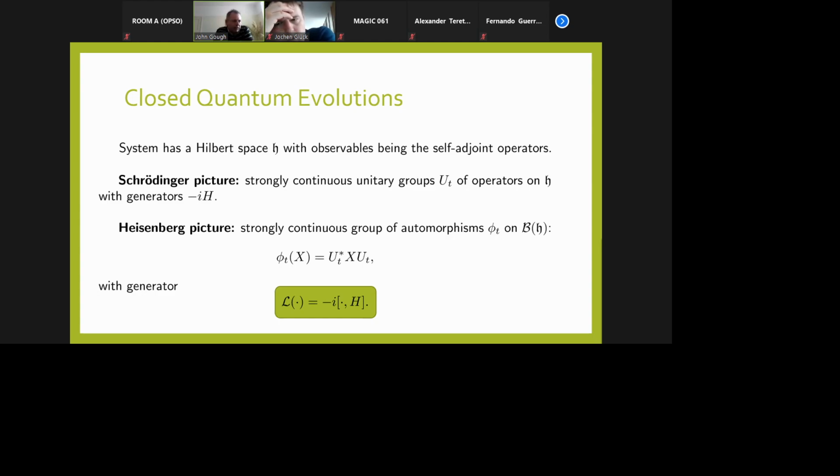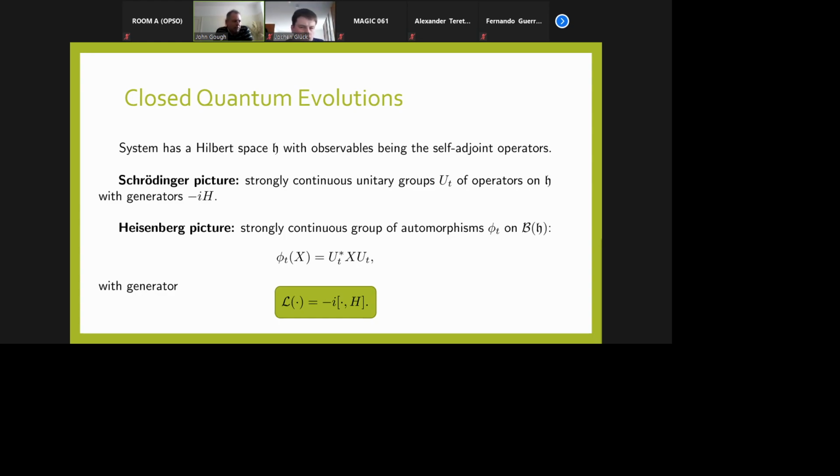So U_t dagger X U_t. So again, this is strongly continuous. It forms a group. It's a group of automorphisms. Phi_t composed with phi_s will be phi_{t+s}. So in that sense, it's a group under composition.